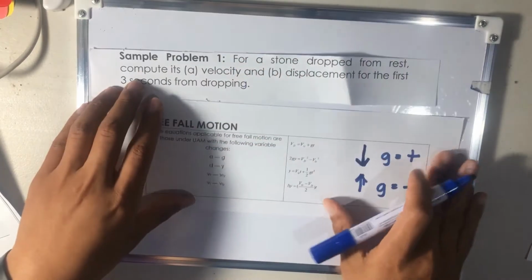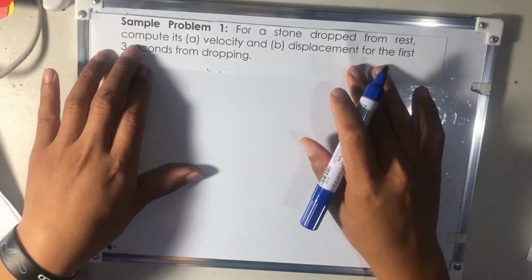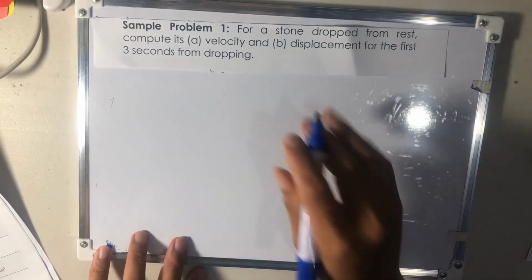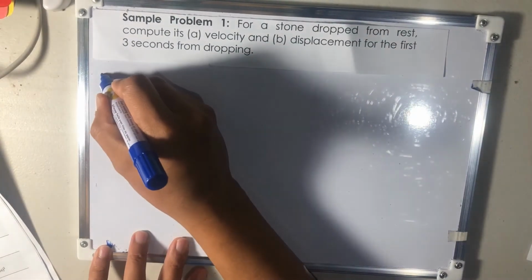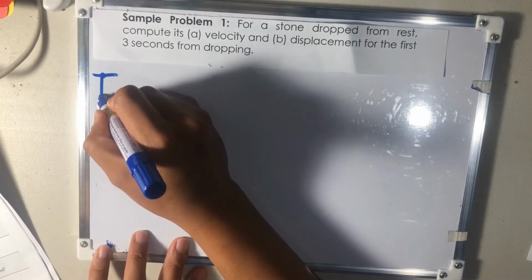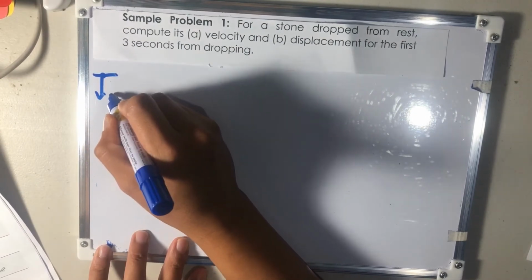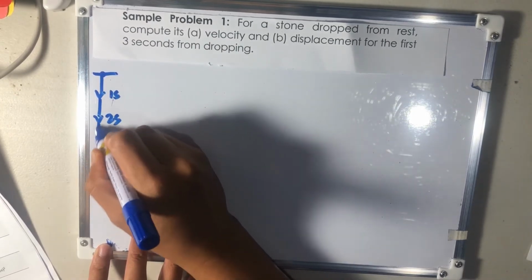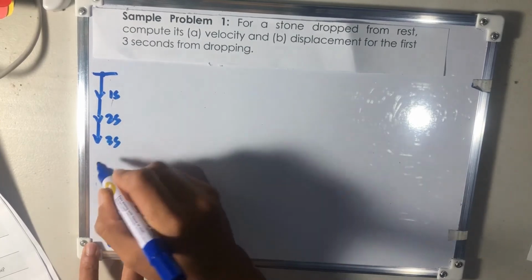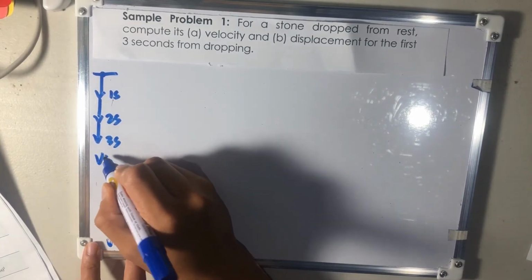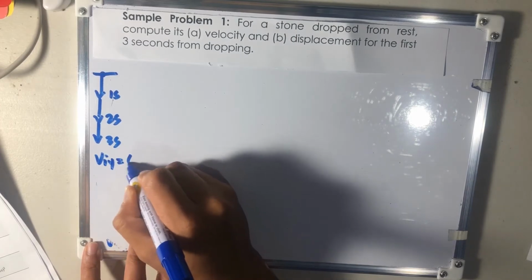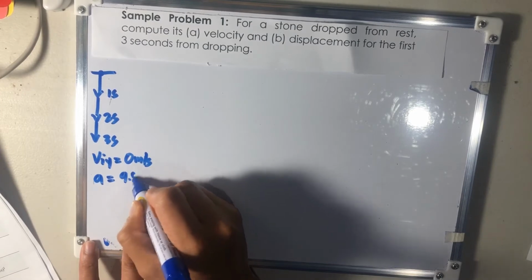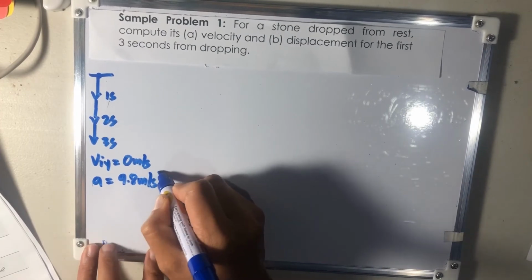Now we will proceed with sample problem 1. For a stone dropped from rest, compute its velocity and displacement for the first 3 seconds from dropping. So we have a stone from rest, then it is dropped. Then we will solve for its velocity and displacement after 1 second, after 2 seconds, and after 3 seconds. We know that the initial velocity along the y-axis is 0 meters per second, and the acceleration is 9.8 meters per second squared.